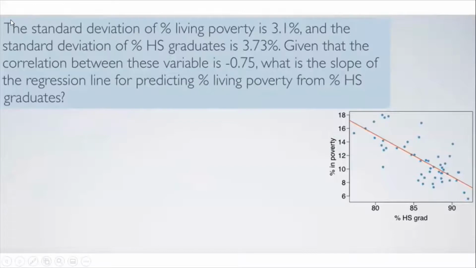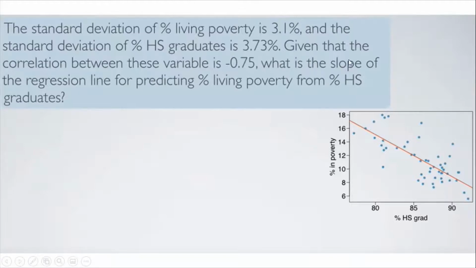Let's see an example. The standard deviation of percentage living in poverty is 3.1%, and the standard deviation of high school graduate percentage is 3.73%. Living in poverty is our response variable, high school graduates is our explanatory variable. The correlation between these two values is minus 0.75.